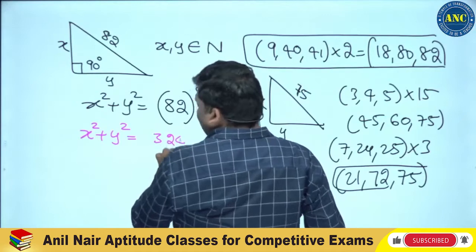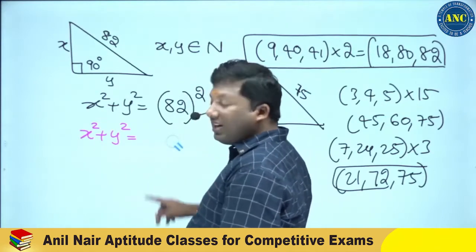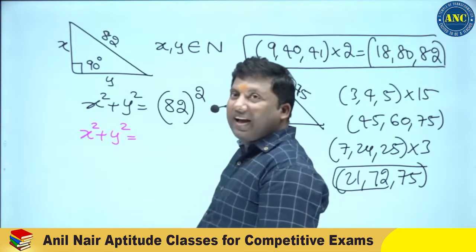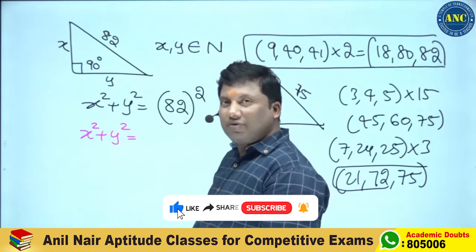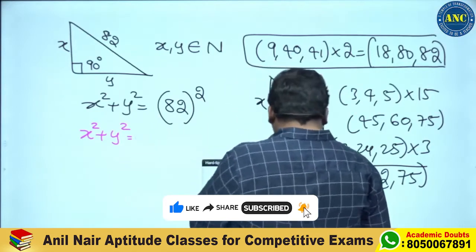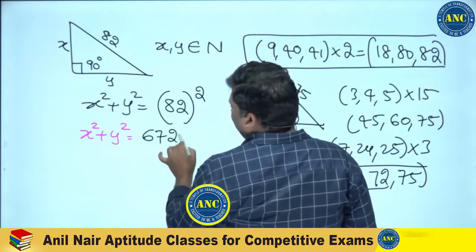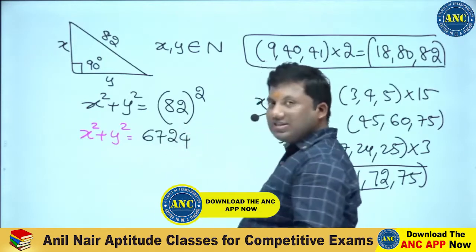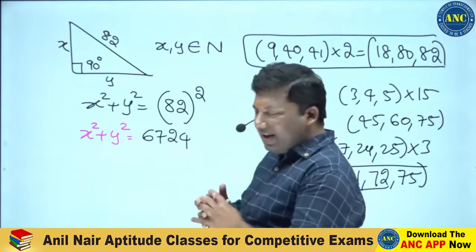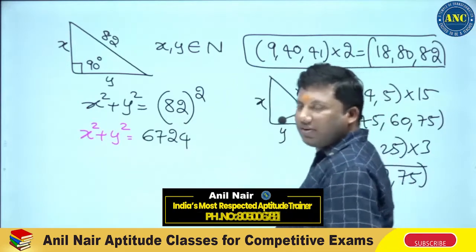We will write down the value also to cross check. 82 whole square is 6724. So X square plus Y square is equivalent to 6724. Listen carefully. Let us use this method one by one. If you practice it, you can solve it very fast.